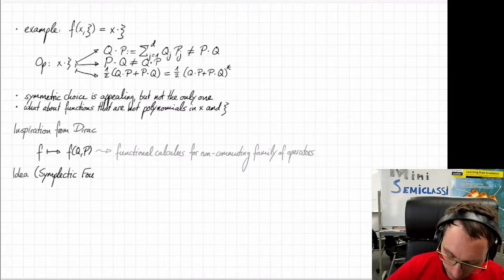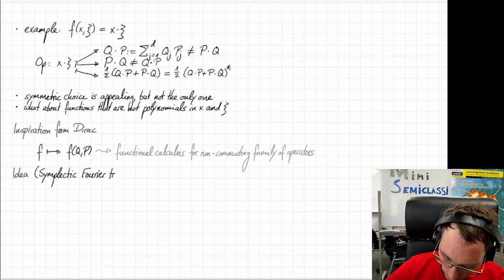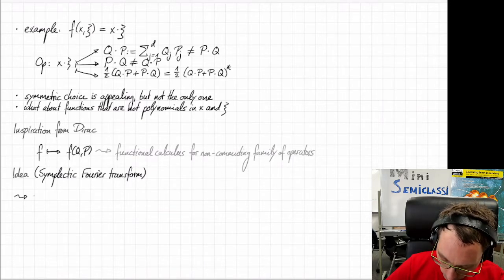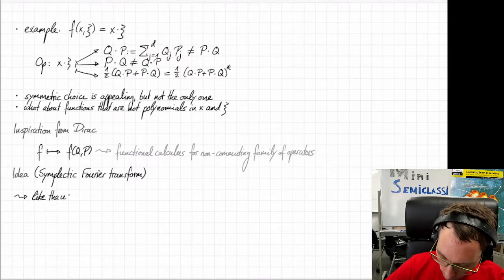You can do everything with the usual Fourier transform, but it has one big advantage. So this is exactly like the usual Fourier transform, but it is an involution.